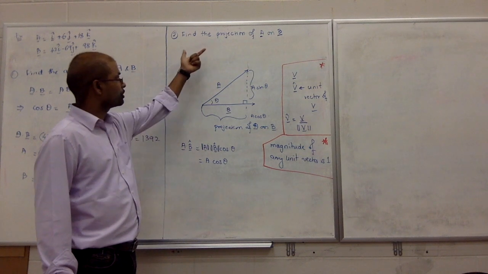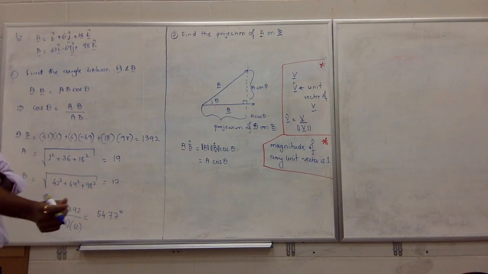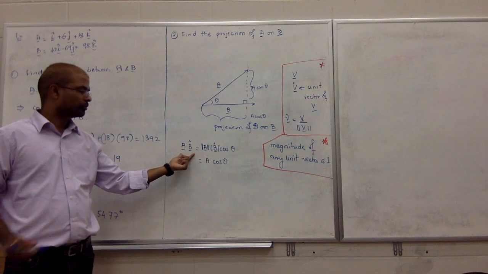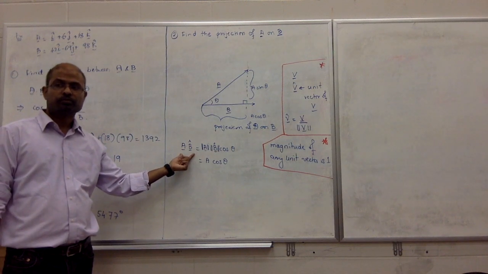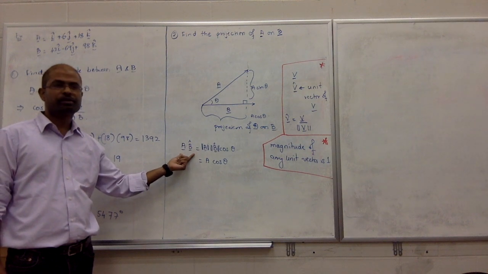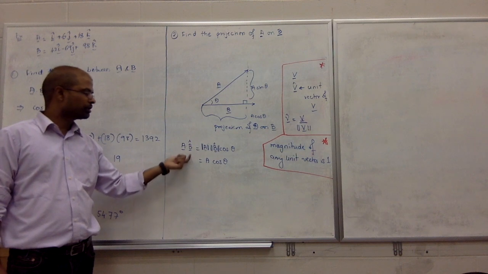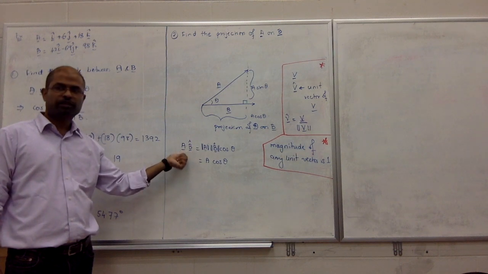Now, how do you find the projection of A on B? Right, so you have two ways. Okay, what are the two ways? Tell me what are the two ways? One is, can you do this on the left hand side?